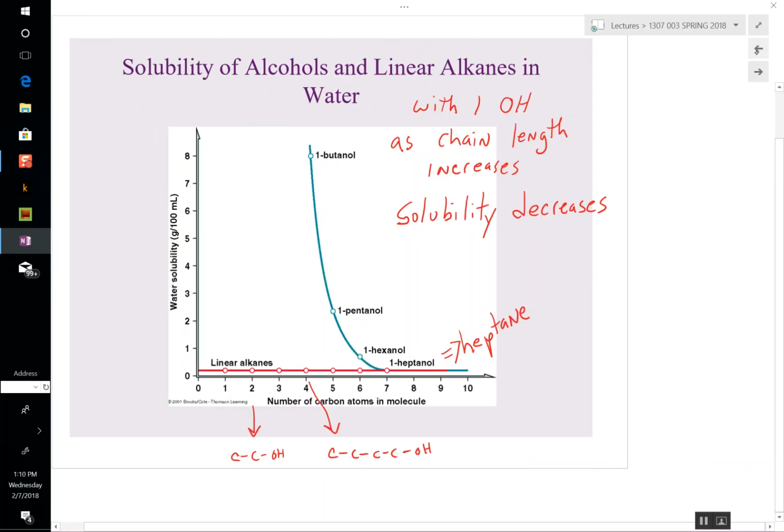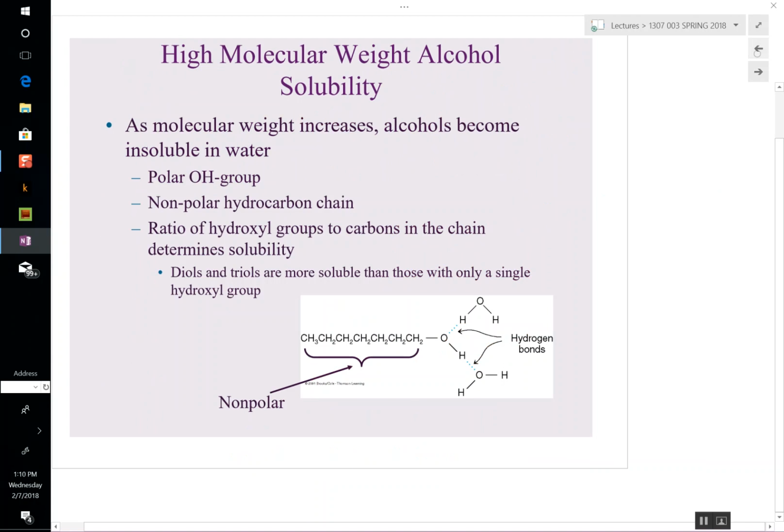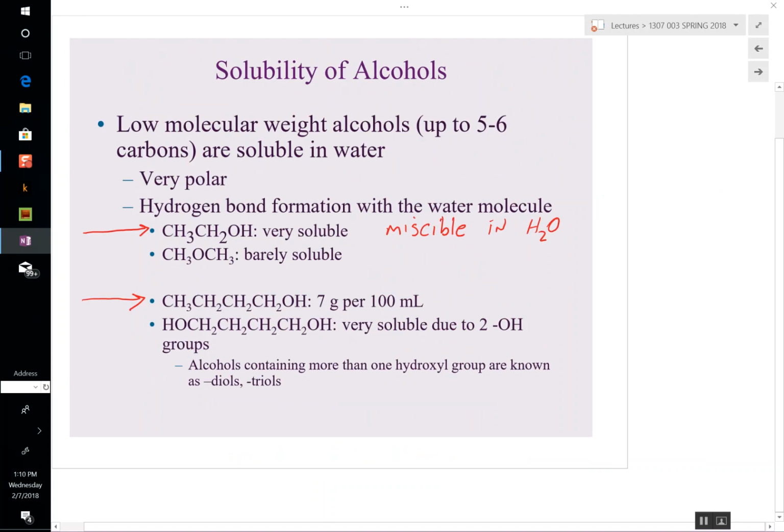Oh, I wanted to point out one other quick thing. This will help you in the homework. If you compare now, no, you're not comparing that molecule.